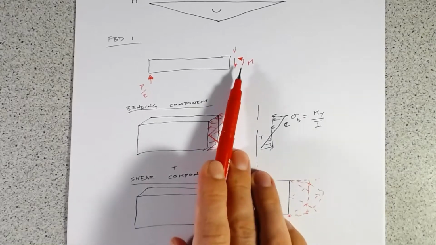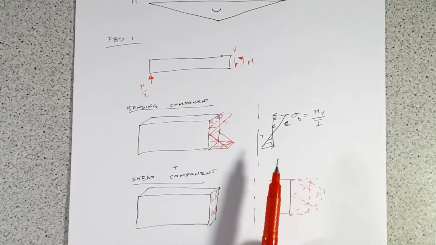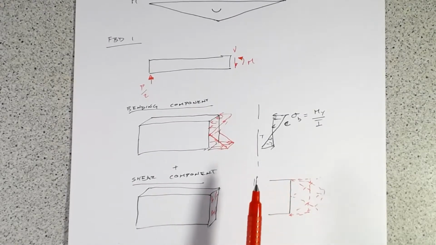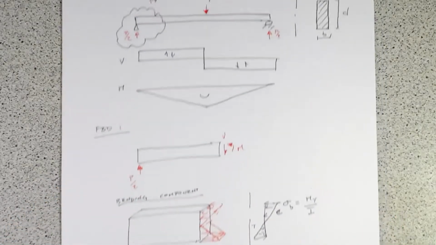Because it has to be in equilibrium with the moment, we can use our knowledge of how the stress is distributed within the moment from bending stress to find out what shear stress is needed to balance that stress out and keep the body and this beam in equilibrium. So that's what we're going to do.